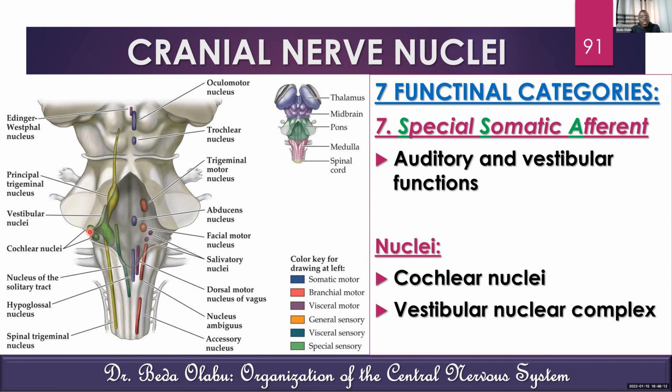The cochlear nuclei are 2, but the vestibular nuclei are about 5. Those ones are special somatic afferent. We have those 7 functional classification of cranial nerve nuclei. You notice that we don't have special somatic efferent. So don't add it. We don't have it.